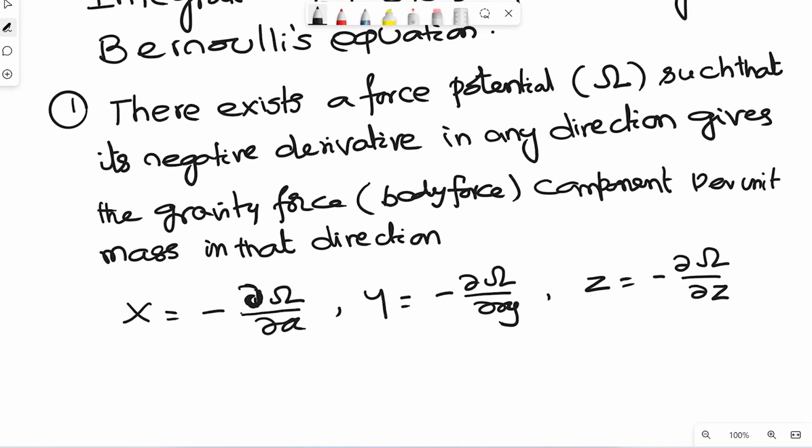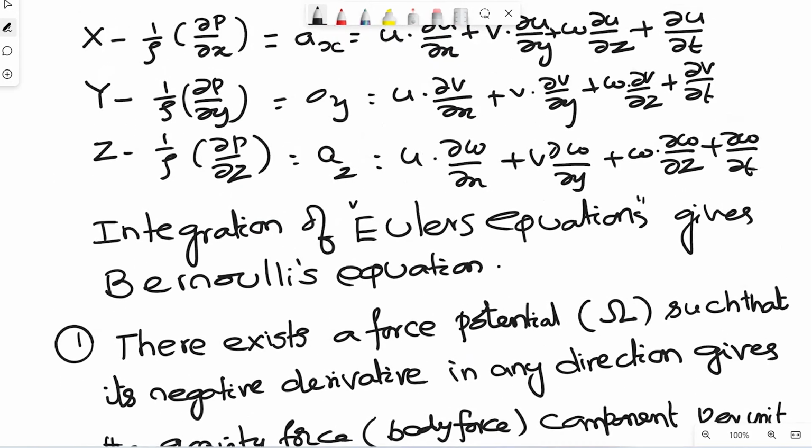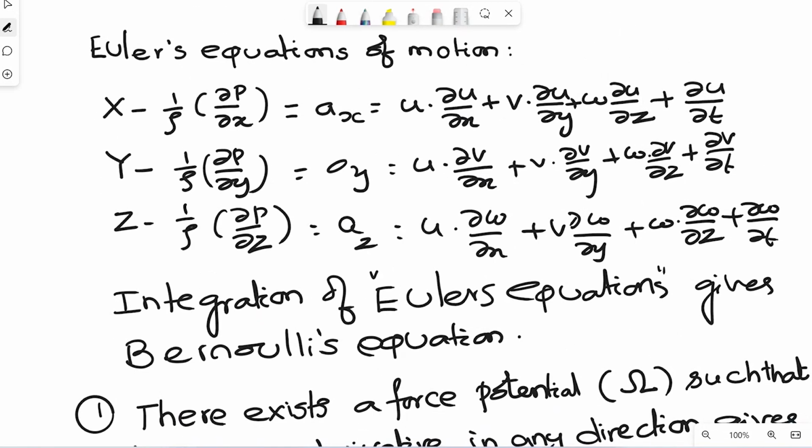Now, if we take this as first, then the second thing we are doing, if you see again the equations, the first term X is equal to minus dou force potential by dou x, we can write. Then this also is with respect to x, here this also with respect to x.